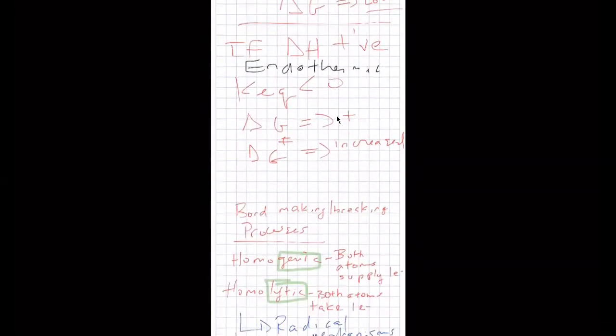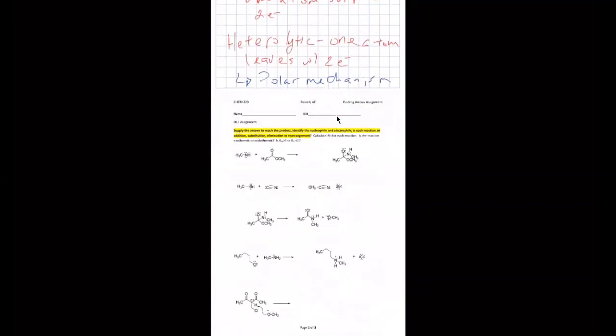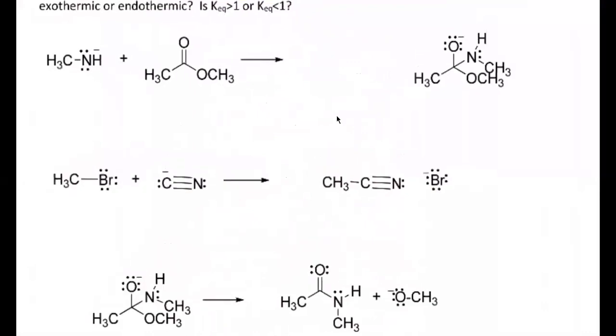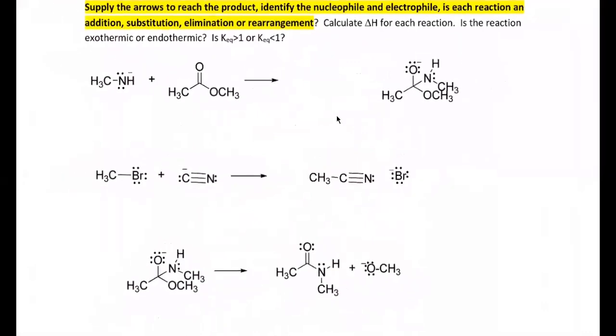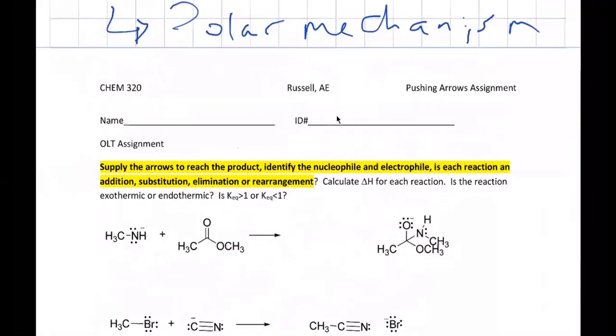All right. So let's jump in and do an example, and let's see if we can take this and apply it. All right. So we're gonna look at this example right here. Right. Let me say up front about the delta H and delta G. Right. So for delta G, oh, let me just do delta H first.